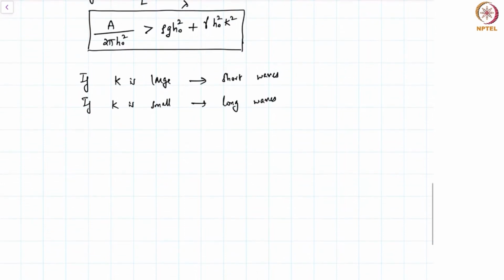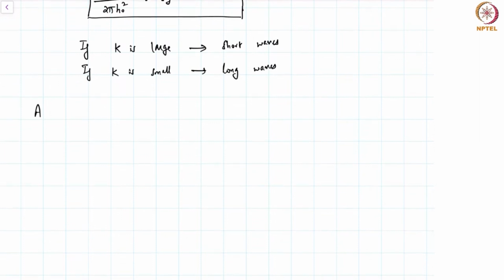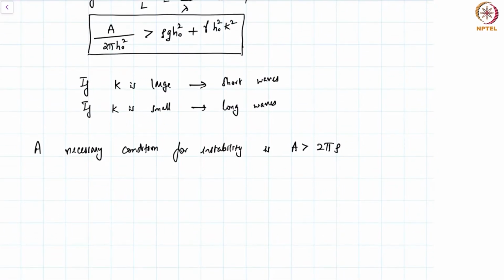Okay. So if the left hand side has to be greater than right hand side, the easiest way we can fulfill this is by basically taking the second term, which is gamma h0 square k square, to be as small as possible, and we get a necessary condition for instability: A has to be greater than 2 pi rho g h naught power 4.